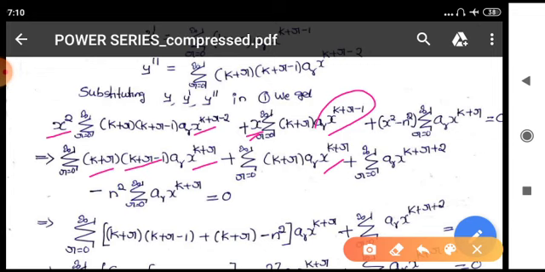So the second term becomes summation of (k plus r) ar x power k plus r, plus the next term, I will multiply x square into this term. So when you multiply, what you get is summation of r from 0 to infinity ar x power k plus r plus 2, minus n square times summation of r from 0 to infinity ar x power k plus r, is equal to 0.